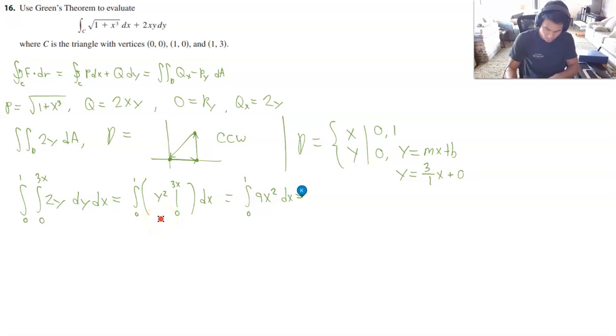Now if we take this integral, what are we going to get? It's going to be 3x cubed, right? From 0 to 1. You raise this to the power 3, and then you divide by 3, that's how. And then you'd see that this is just going to be 3. So your final answer is just 3. There you go, it's nice.